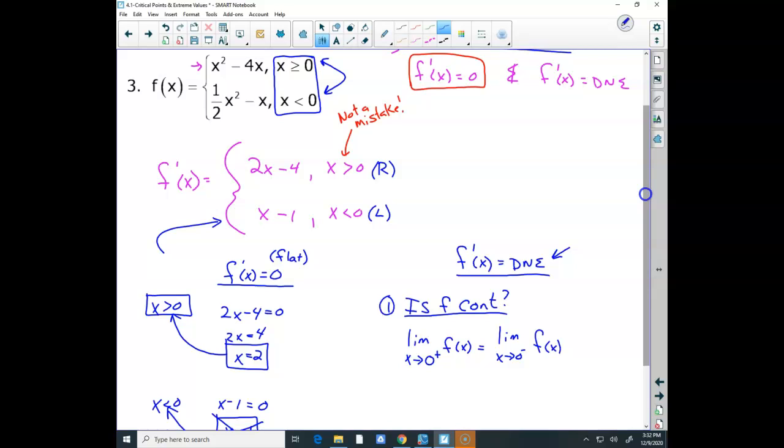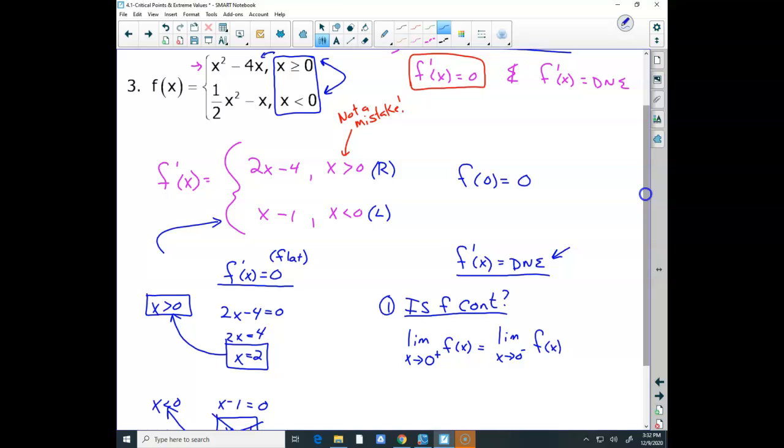Okay, big question. If the limit exists and the limit equals the functional value, it's continuous. Well, I already know f of 0. I can see that 0 goes into this top piece up here, so f of 0 is 0. Now, what's the limit as x approaches 0, from the left and from the right?